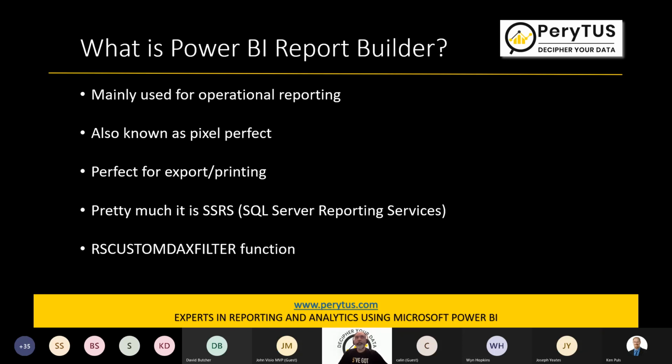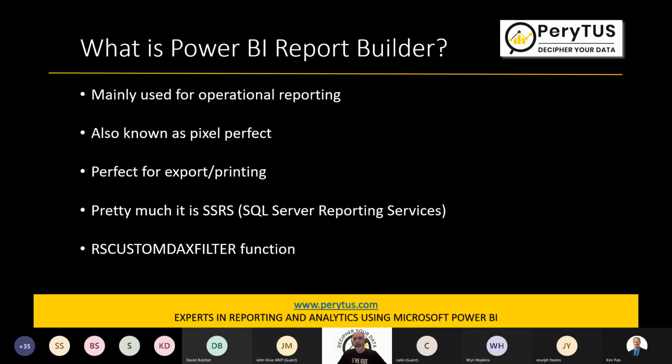One thing I want to talk about here is a little bit different. The last thing in my list is one special function which I want to make sure we all pay attention to, called RS custom DAX filter. If we are all using Power BI, you have probably never seen this in Power BI Desktop. This function is used in Power BI paginated reports to overcome multiple-value selection of parameters, to pass that to the DAX code behind the scenes.